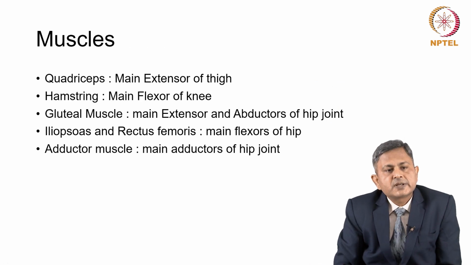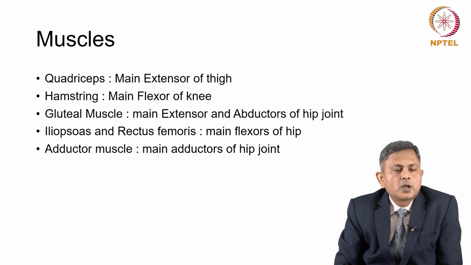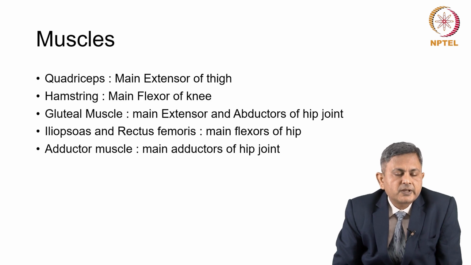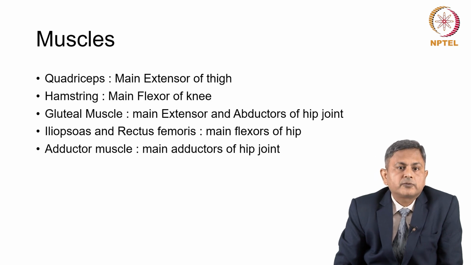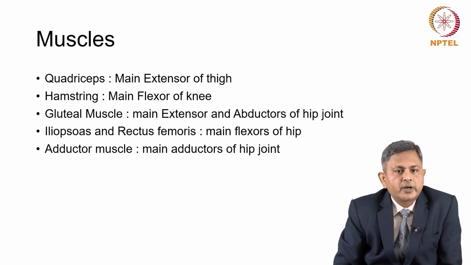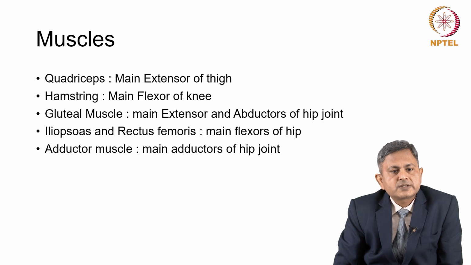Now come the muscles of the lower limb. Quadriceps muscles are the main extensors of the knee joint. Hamstring muscles are the flexors of the knee. Gluteal muscles are the main extensors and abductors of the hip joint.